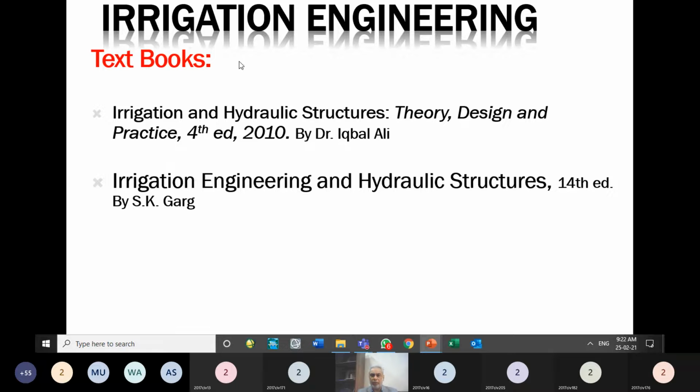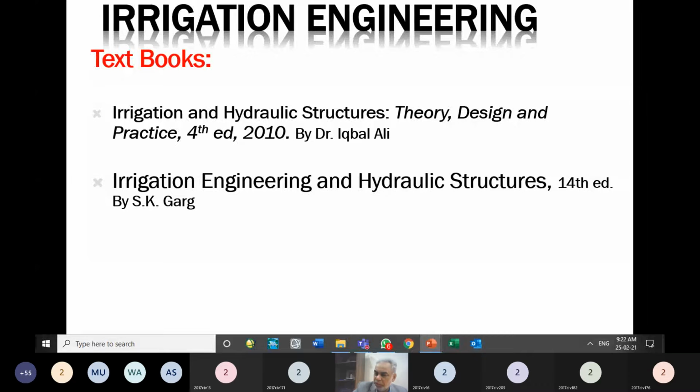Iqbal Ali's book or earlier versions are available in the library also. SK Garg, I am not sure if it is available in the library or not, but its soft copy is also available around. Get it from some senior or from some friend or some of your teachers. So you should be having one of these books.